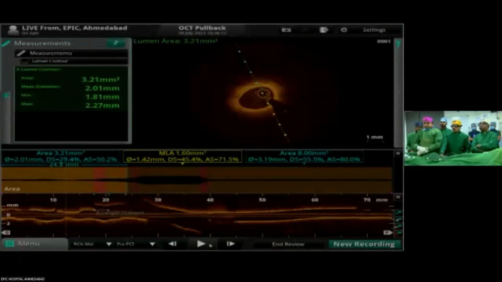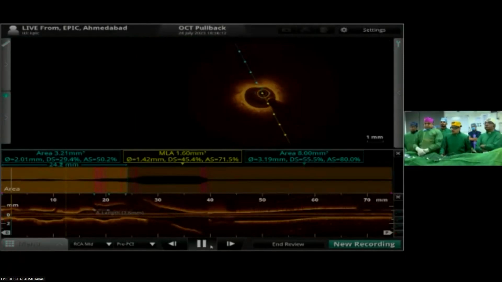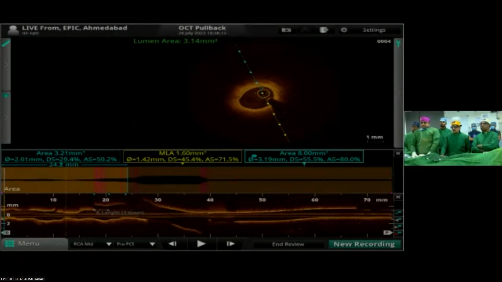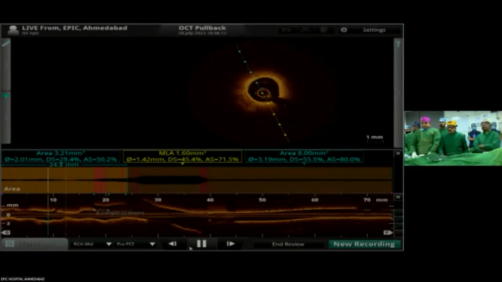So we started our OCT from the distal edge of the lesion, and the reference EEL to EEL was around 3.2, with an area of 3.19 mm square. MLA was 1.6 mm square. The lesion is mostly fibrolipidic at the tightest spot, and there was some mild deep calcification seen.